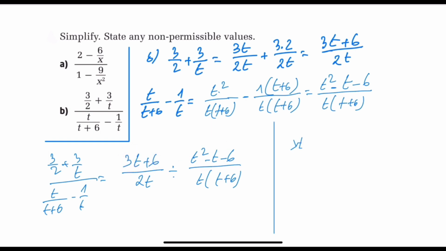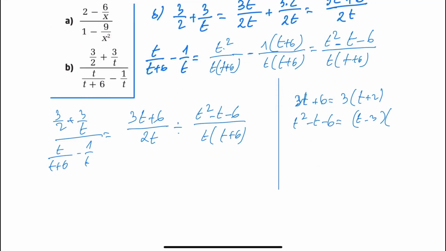Now I can simplify this by taking this 3 out, okay, and same thing, I will simplify this. 3t plus 6 is equal to 3 times t plus 2, and same thing, t squared minus t minus 6 is equal to t minus 3 times t plus 2. Why this?